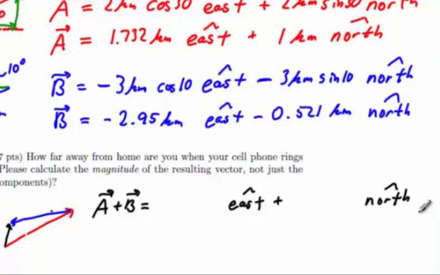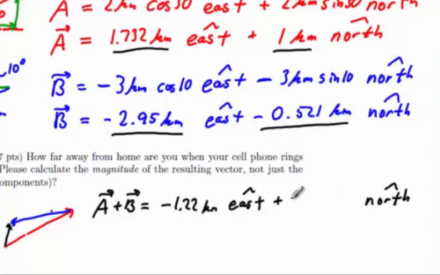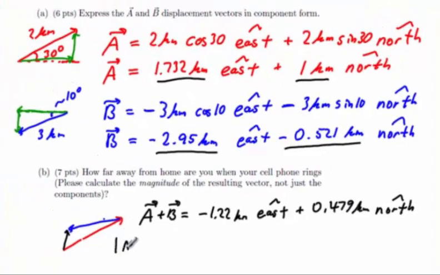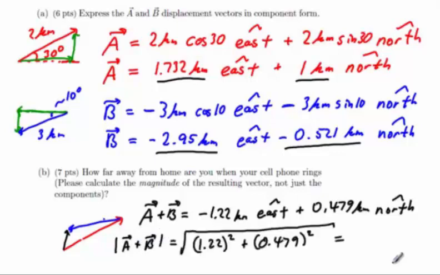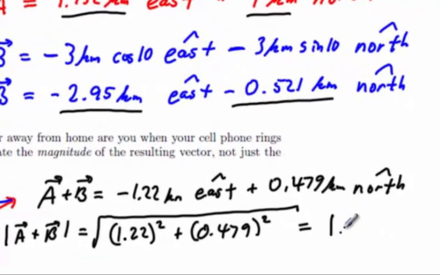The east component of A plus B is obtained by adding the east component of A to the east component of B, yielding negative 1.22 kilometers east and positive 0.479 north. Since we're asked to find the magnitude of this vector, we will need to take the two components, square them, add them, and take the square root, which yields the algebraic result, 1.31 kilometers.